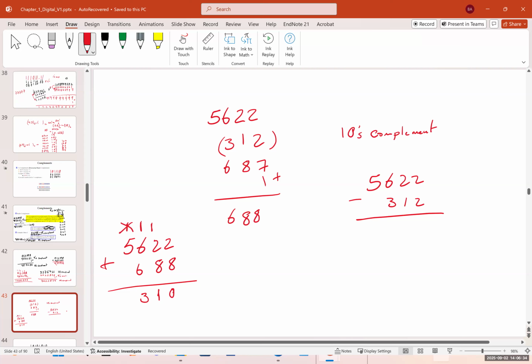You get rid of the last overflow digit. So it's 5,310. You get rid of the last carry. So you can see that this and this are the same. You get rid of the last carry when you have a radix complement.